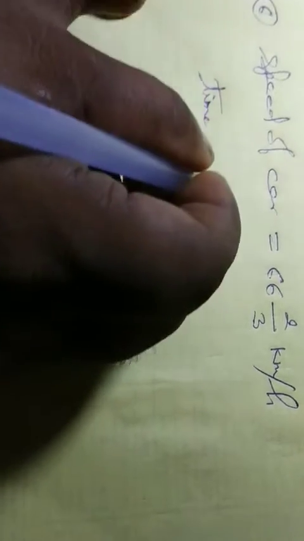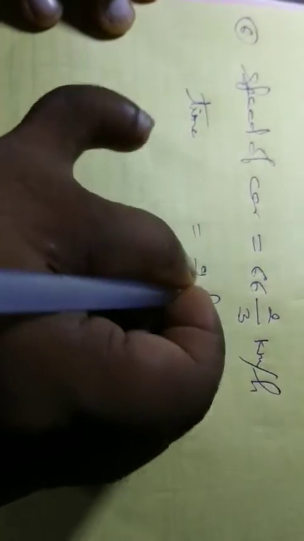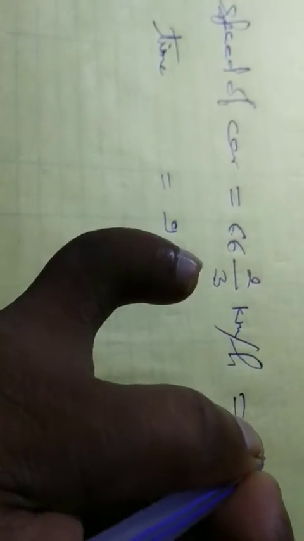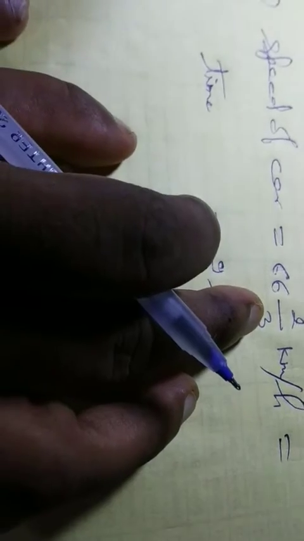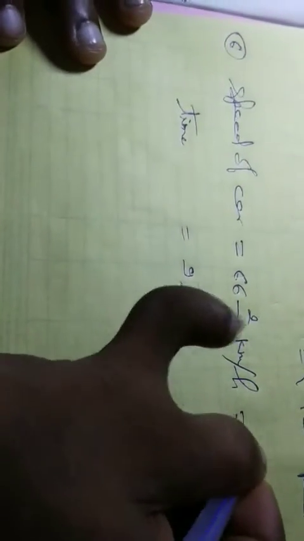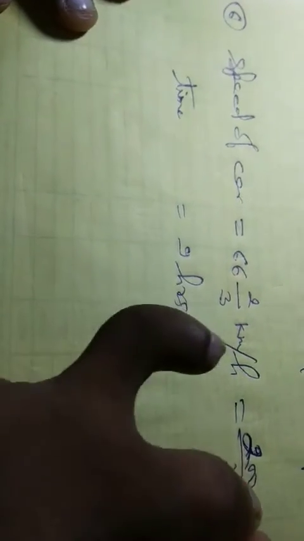Time taken is, time given is 9 hours. 200 by 3 kilometers per hour.